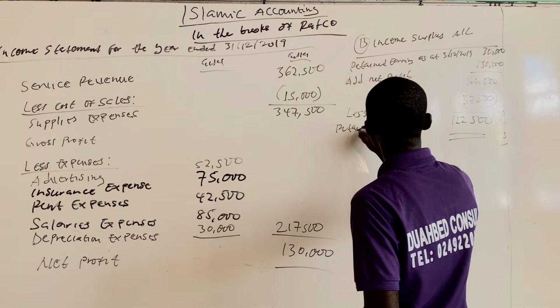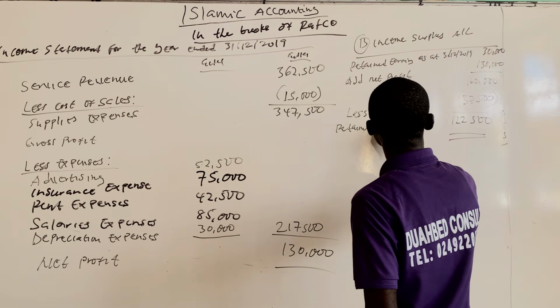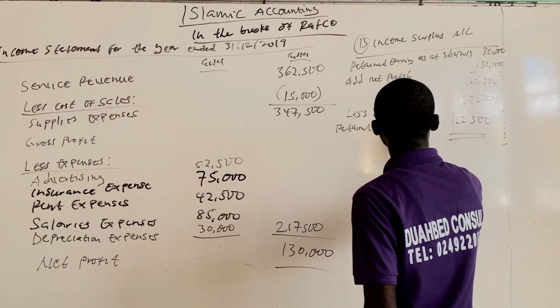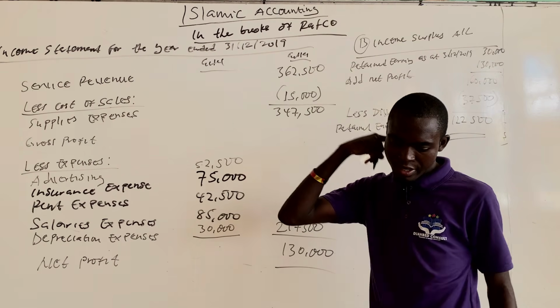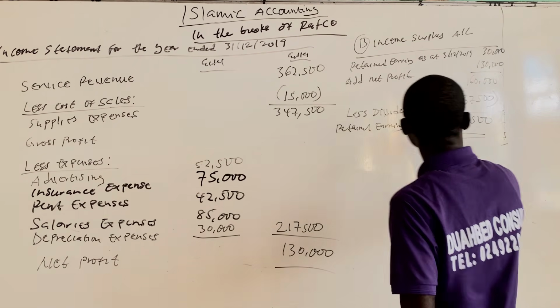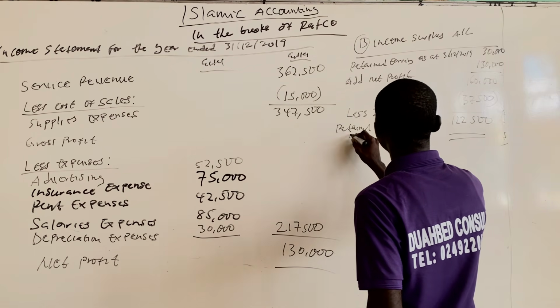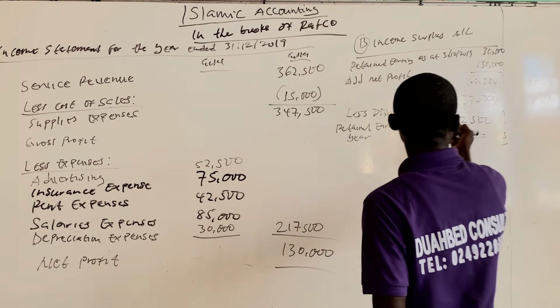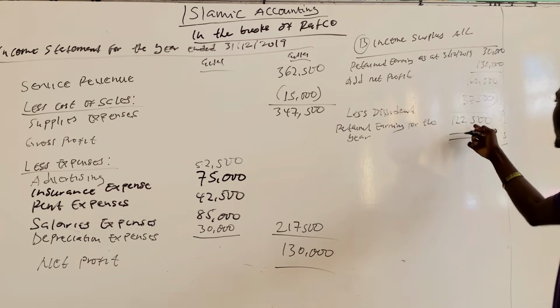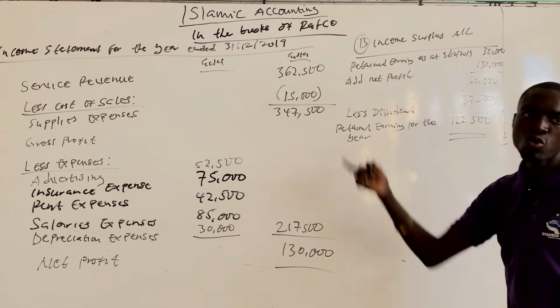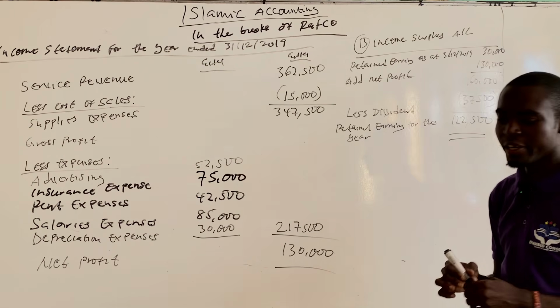So retained earnings for the year, that's 122,500. This is the amount that you will show when you are preparing your classified balance sheet.